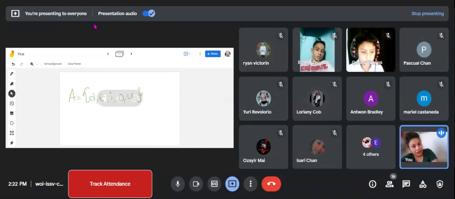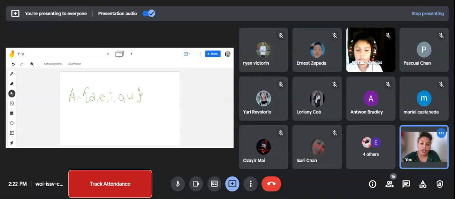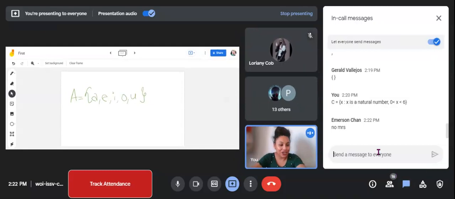Okay, so it's AEIOU, and the instruction says students will write the following in descriptive notation. Very, very easy. What is this set showing? Anybody?